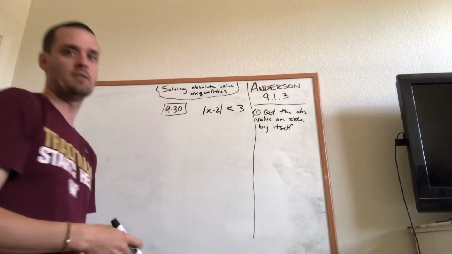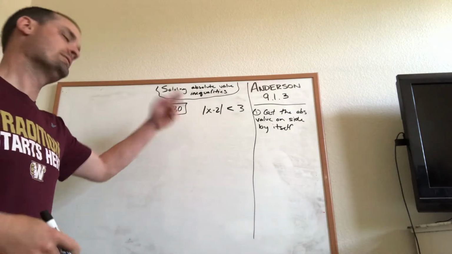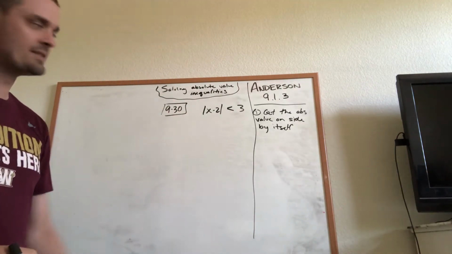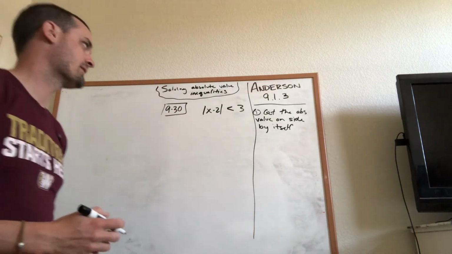Okay, in this example, they've already done that. Absolute value is on the side by itself. If there is a number out in front, if there's a plus 2 or whatever, we'd want to move that to the other side. But in this simple example, it's already on a side by itself.